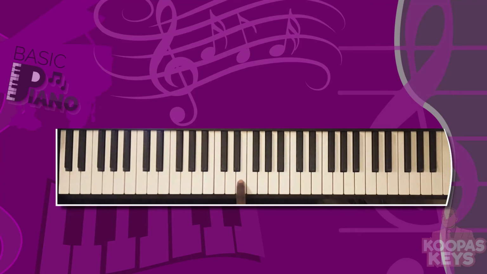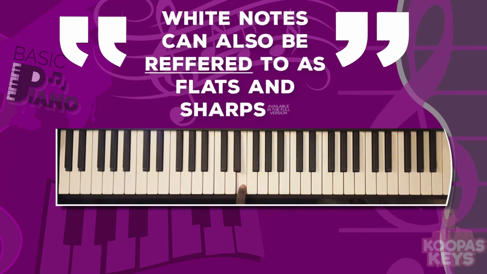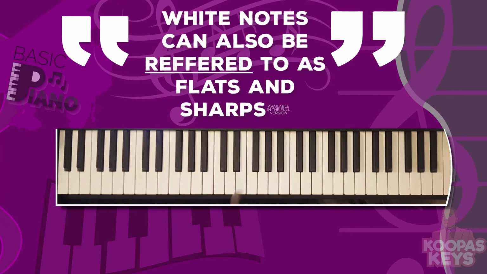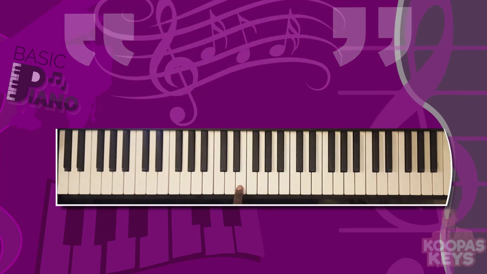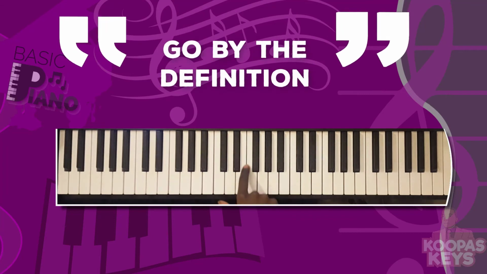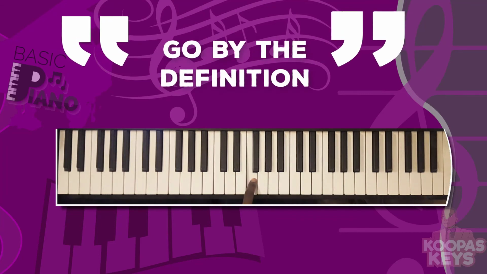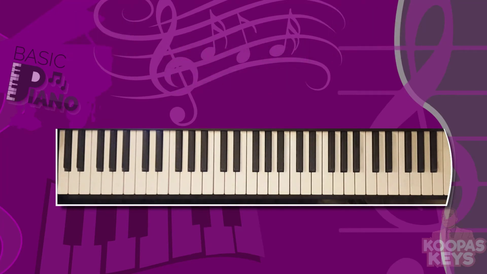For example, E can also be referred to as an F flat. And F can also be referred to as an E sharp. Do you understand why? Because you're going right from E to get to F, and there is no black note in between. So the very next note to the right after E is F. So it's also an E sharp. It's just a way of describing things, and vice versa, E can become an F flat.